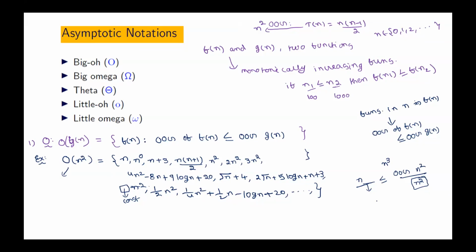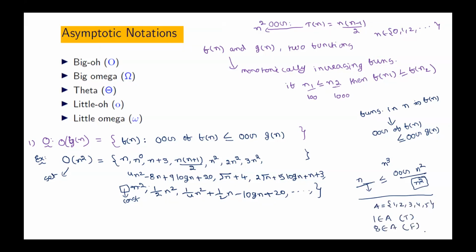Now what is big O of n square? Finally, we know that it is a set. For example, A is a set which contains some elements: 1, 2, 3, 4, 5. If an element belongs to the set, we write 1 belongs to A. Is that true? Yes. 8 belongs to A, is that true?